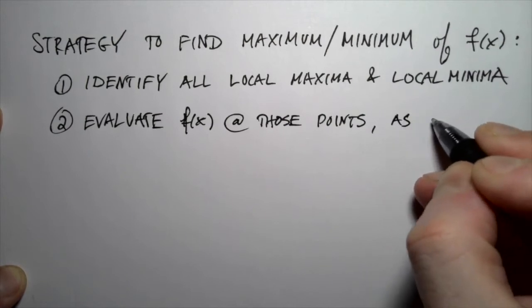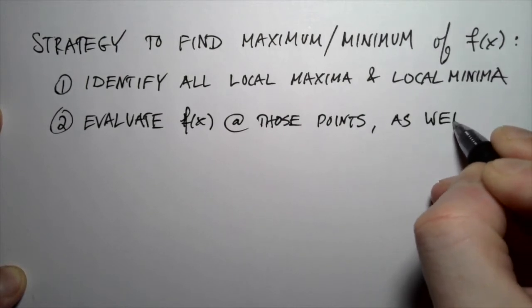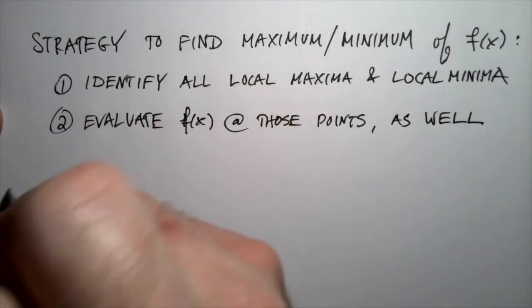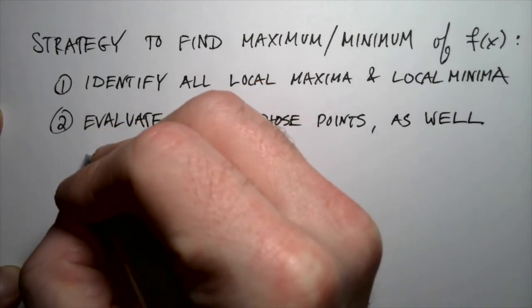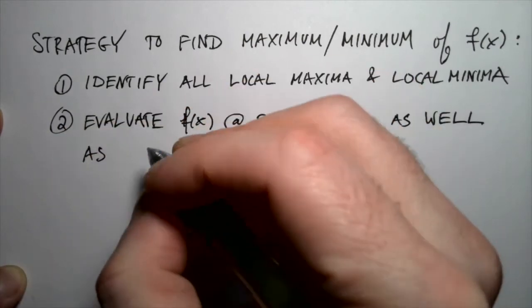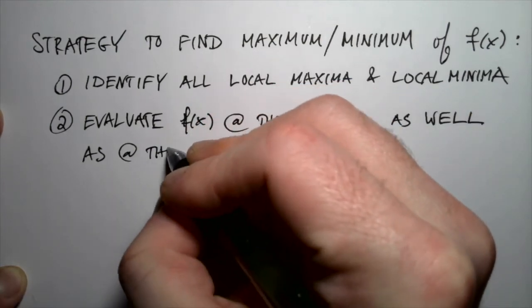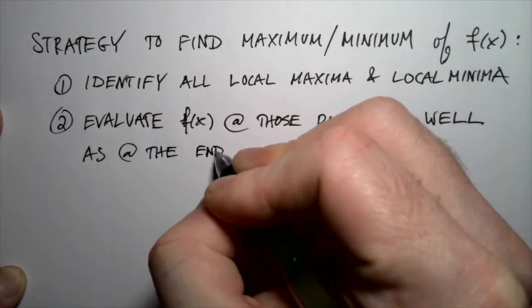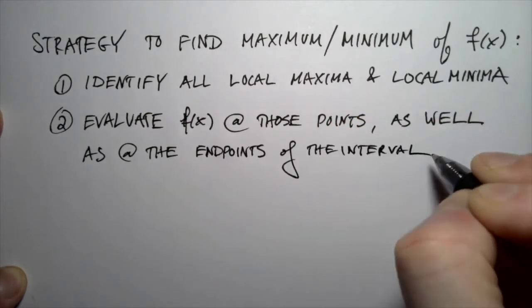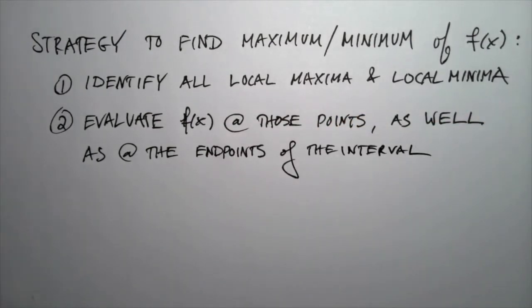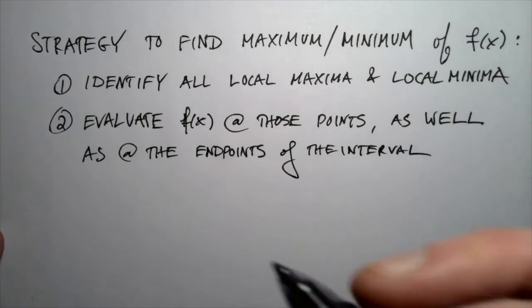And then technically, if we're restricting attention to some interval, we should also evaluate the function at the endpoints of the interval. So if the domain of the function is just some small compact interval, we should also evaluate at the endpoints of the interval.